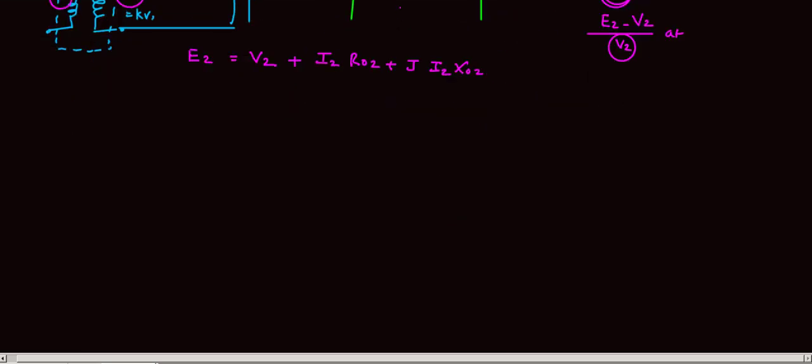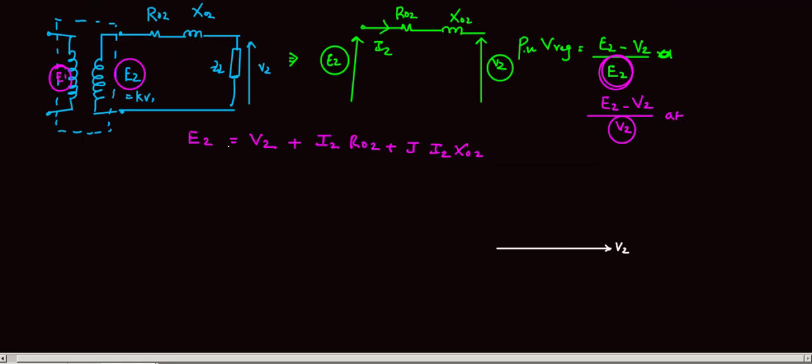Let's draw the phasor. This is the reference V2. I am taking a lagging power factor load.